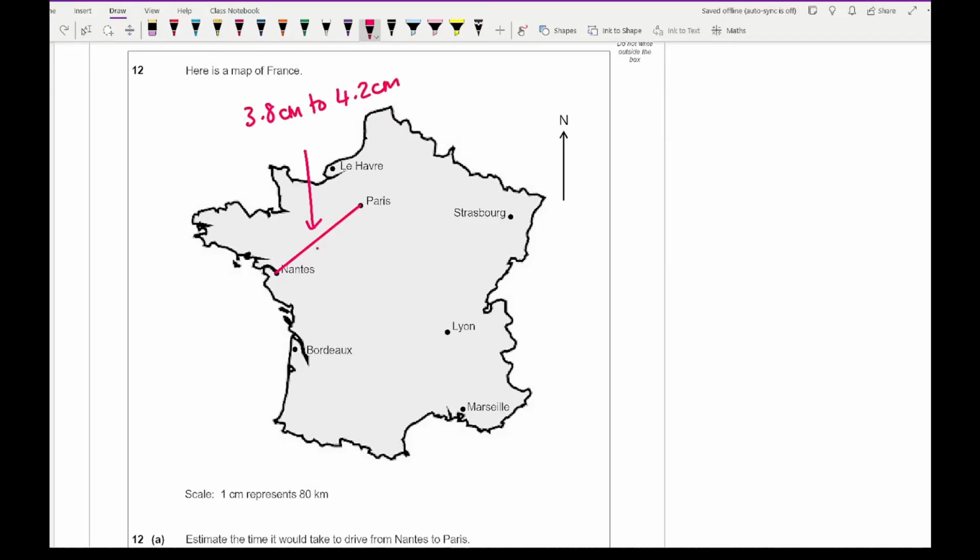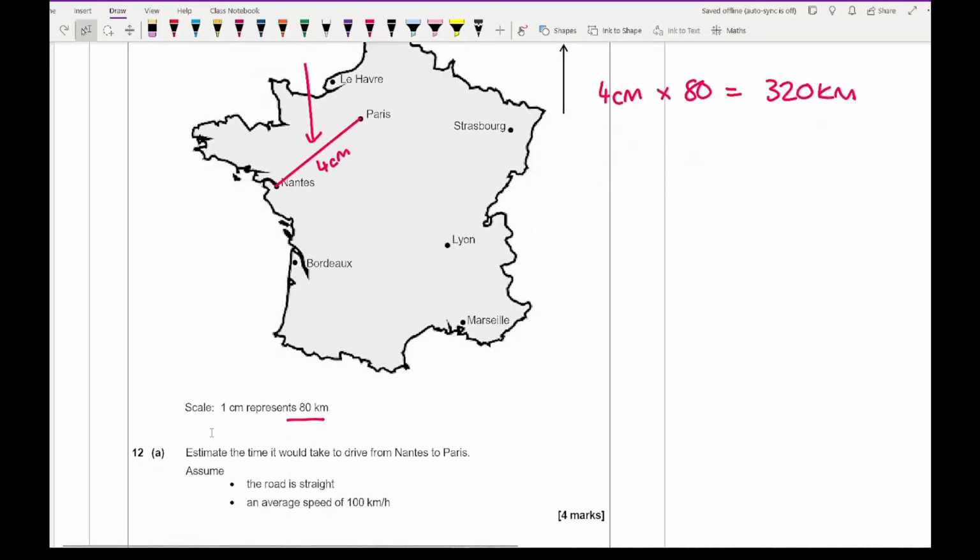So we'll just make it 4 centimetres. If I then do 4 centimetres, use this scale, multiply that by 80, that becomes 320 kilometres.